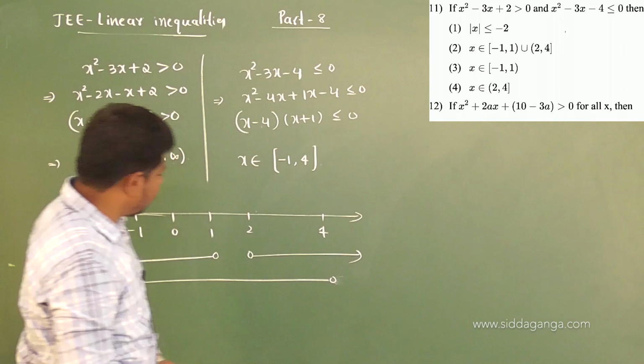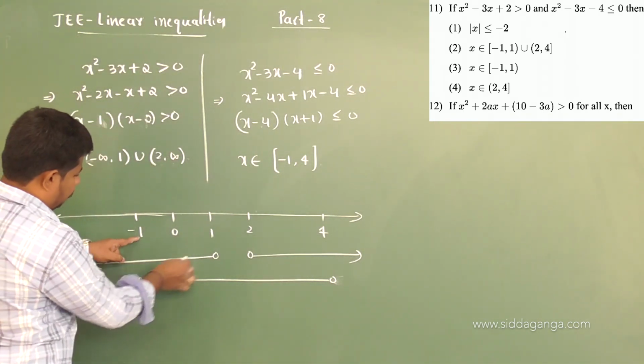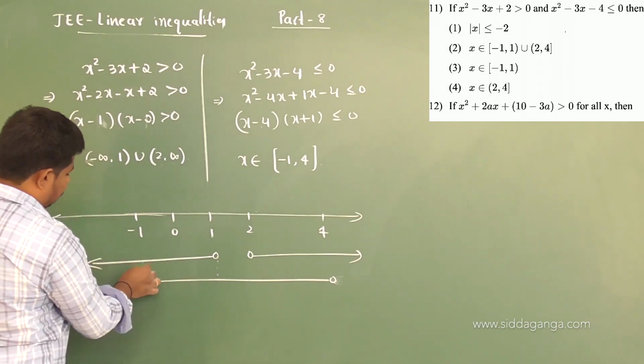So then look at the common values here. Common values are from -1 to +1. So these are the common values you will get.